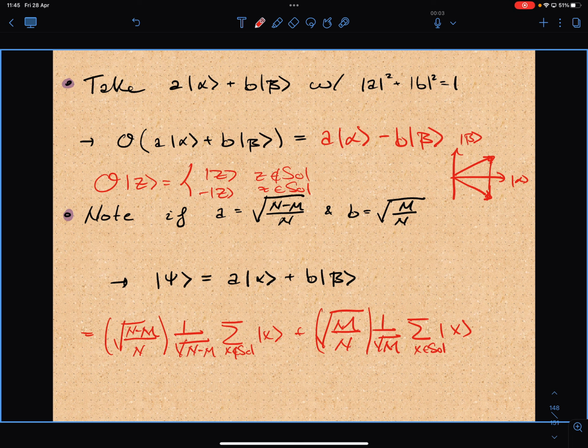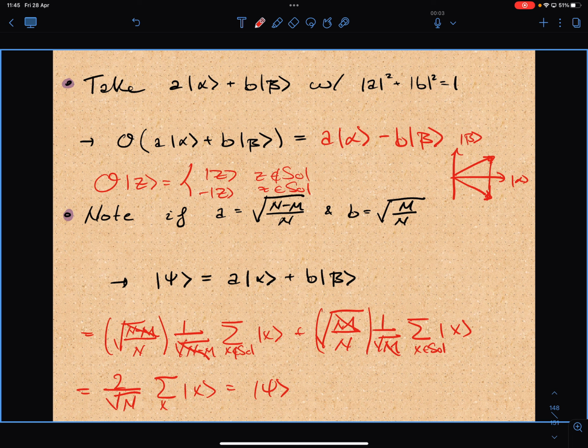So what we have here is that this cancels with this, and this cancels with this, and I'm going to be given 2 over square root of 1 over n, and then x, which is psi.